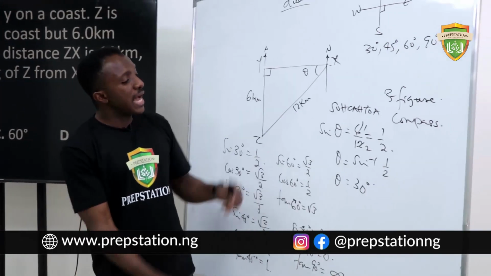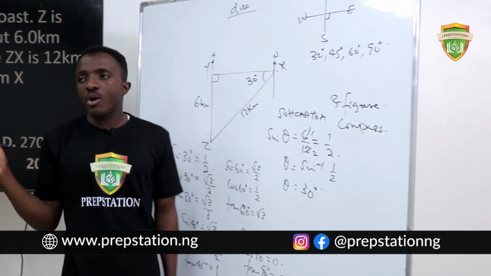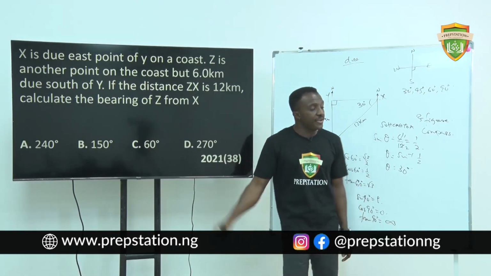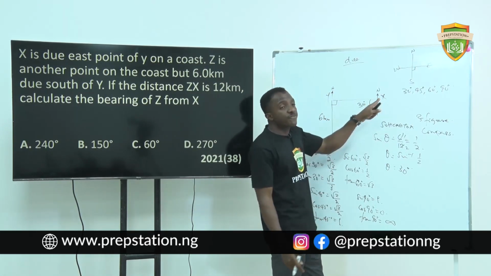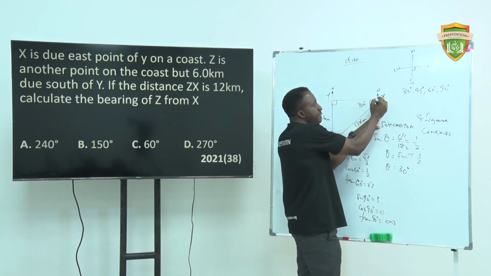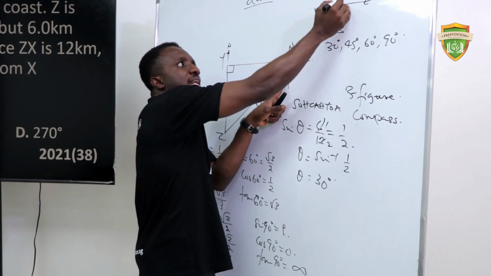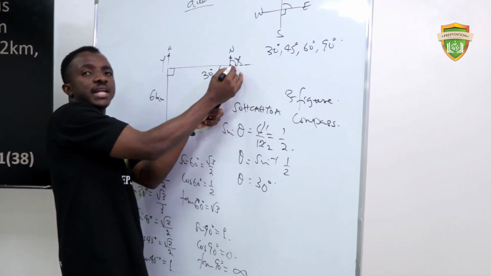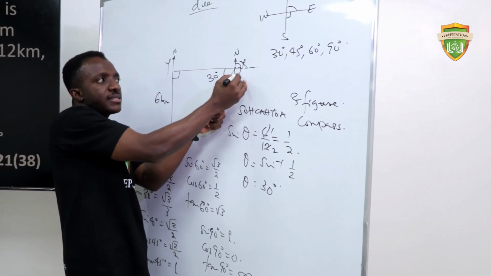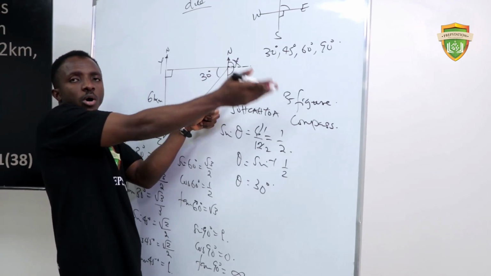So our theta here is 30 degrees. Note the question says we should find the bearing of z from x. So look at this. If I move from here to here, I'll have gone 90 degrees. From here to here, another 90. So that's summing up to 180 degrees.